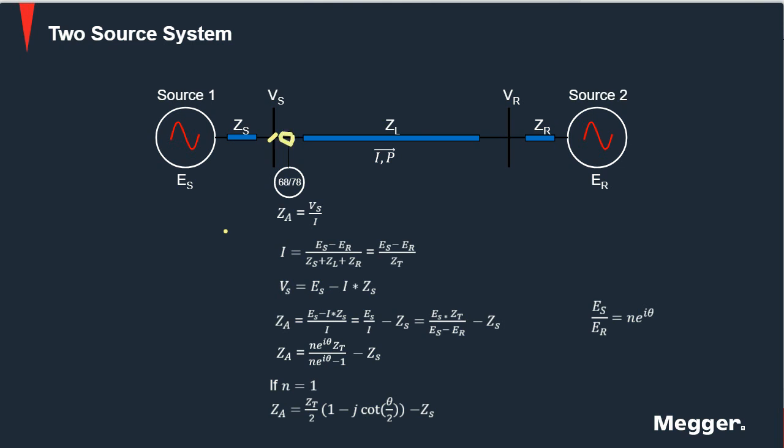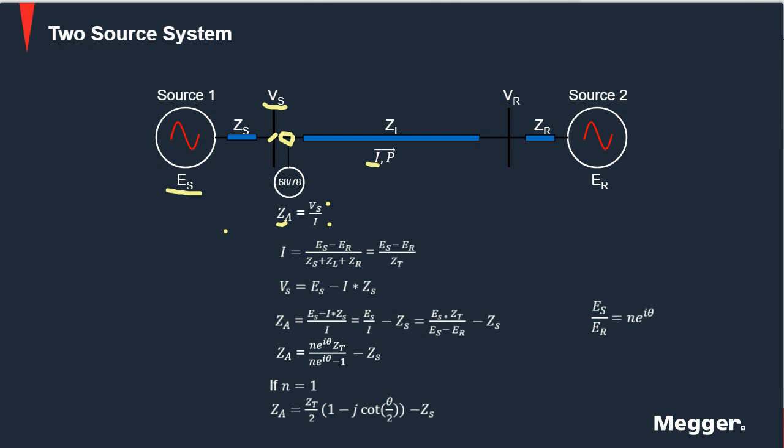Now, this relay is going to see a voltage, which is the voltage at this bus, and it's going to see a current, that is the current that circulates on this system. So the impedance is going to be the voltage divided by the current. Now, we can say that this voltage, Vs, is the voltage at the generator minus the current multiplied by this impedance here.